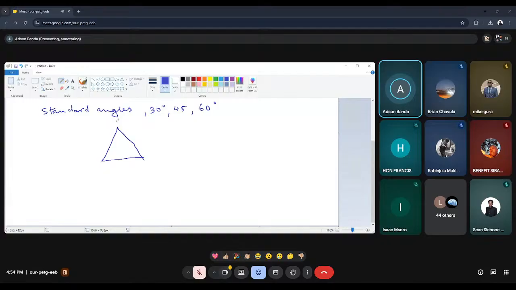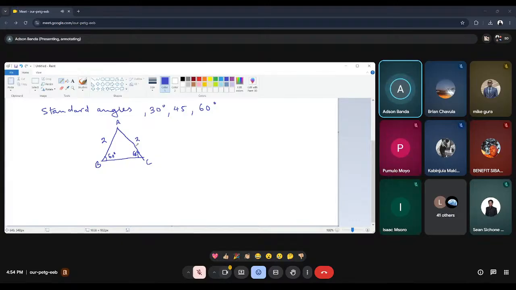So we have an equilateral triangle, call that A, that edge B, and that one C. If it is an equilateral triangle, let it have side equal to 2. So you know that in an equilateral triangle, the angles are all equal to 60 degrees. So you have 60 degrees as your angles.